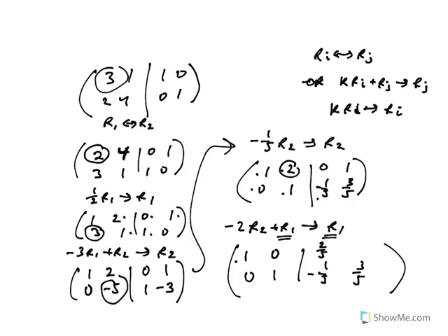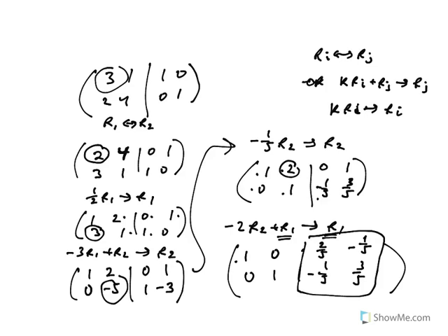And negative 2 times 3/5 is negative 6/5 plus 1 is negative 6/5 plus 5/5 is negative 1/5. And this here is the solution.